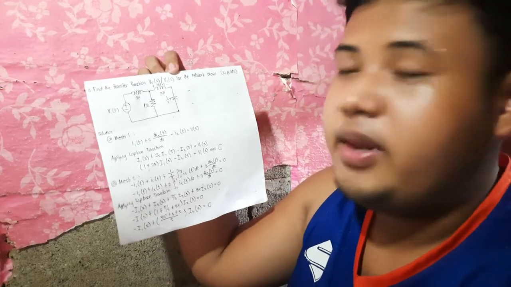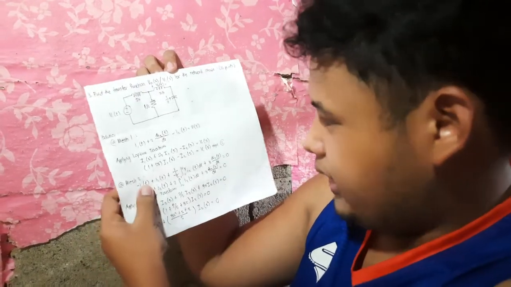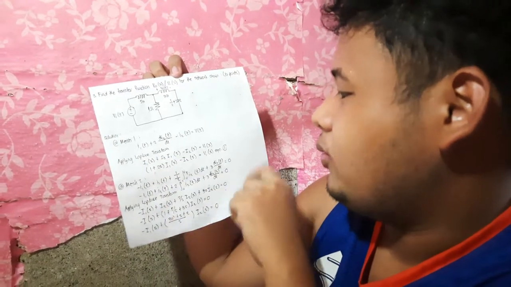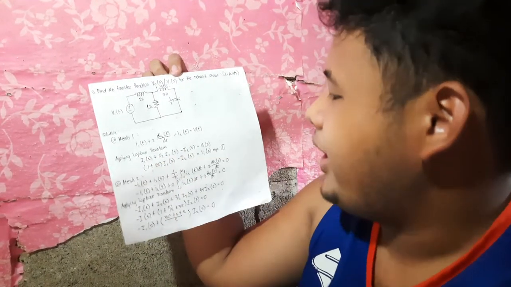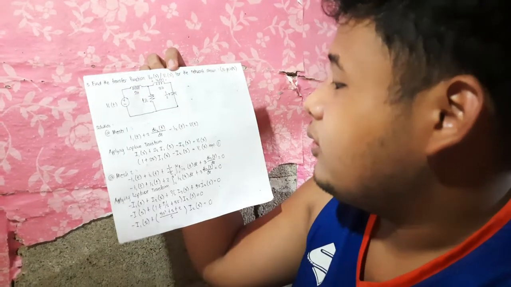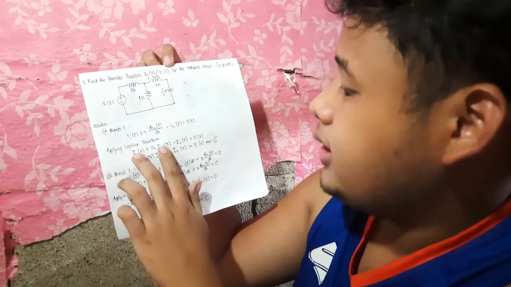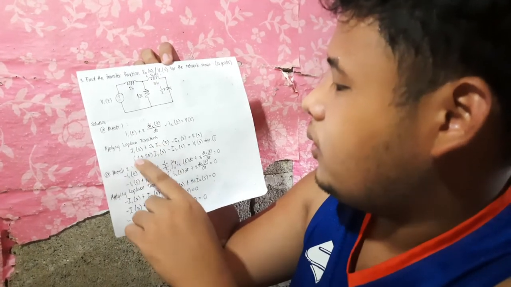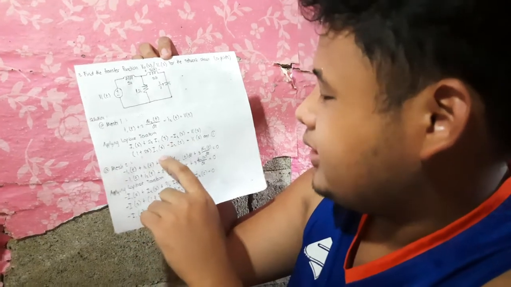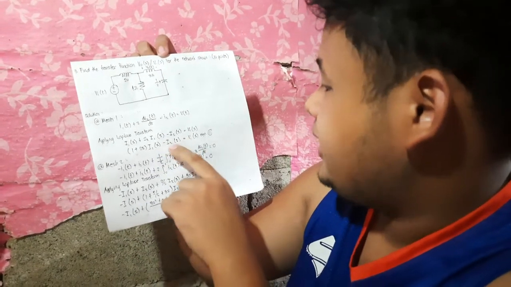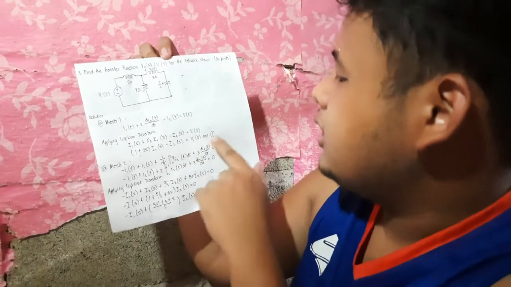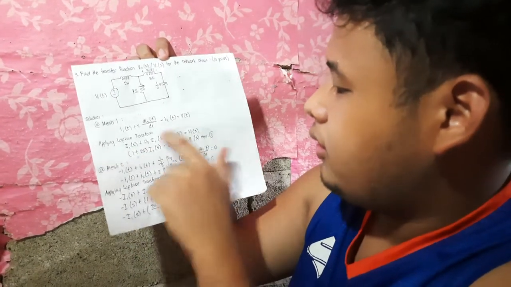By applying the Laplace transform, we get I_1(s) plus 2s I_1(s) minus I_2(s) is equal to V_1(s). We need to combine since this is the same I_1. So (1 plus 2s) I_1(s) minus I_2(s) is equal to V_1(s). This is our equation 1.